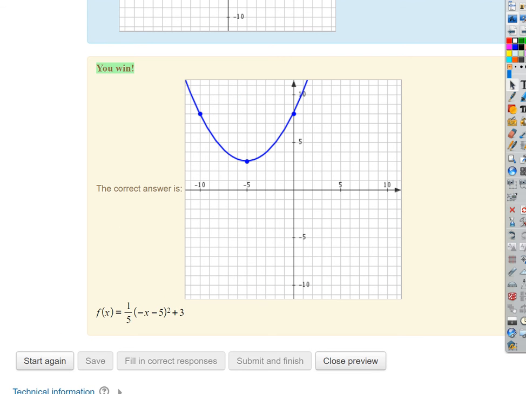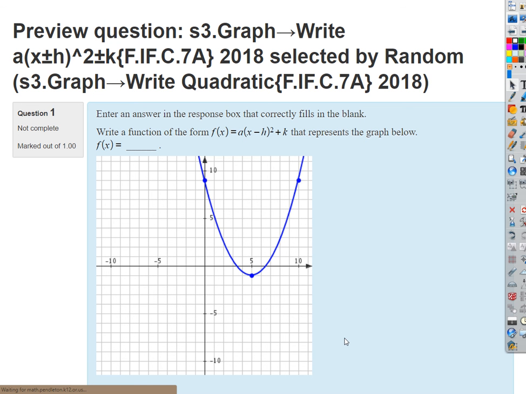Okay, and then finally, something like that. I picked like the hardest one I could. So we're going to work backwards. They give us a graph, and we got to write the function. So essentially, all we have to do is fill in the values of a, h, and k, and we're done.